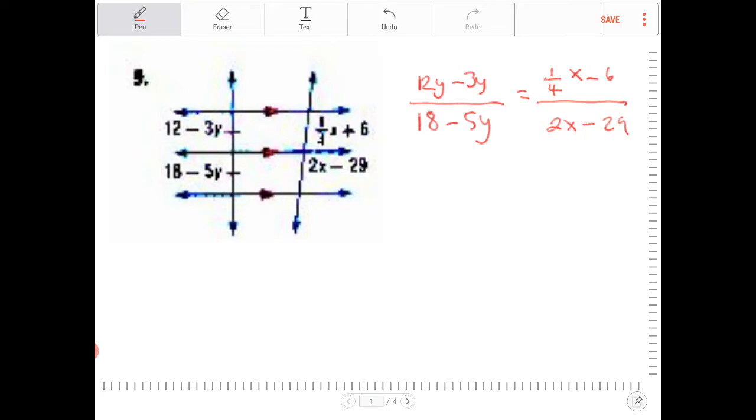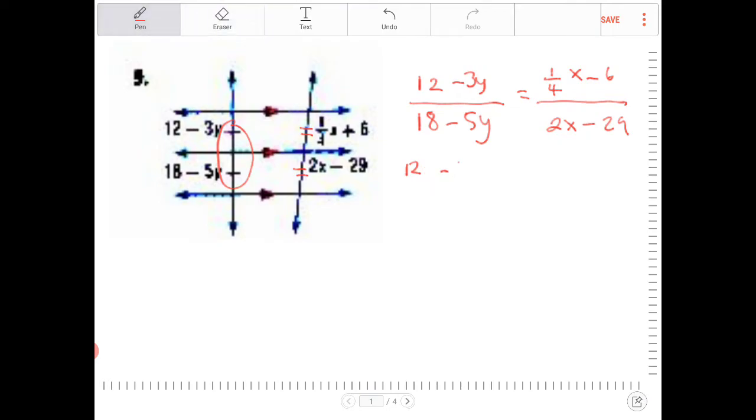I'm also given information that those two segments are going to be the same. If that's the case, then these segments must be the same. So I can say 12 there, not 12y.